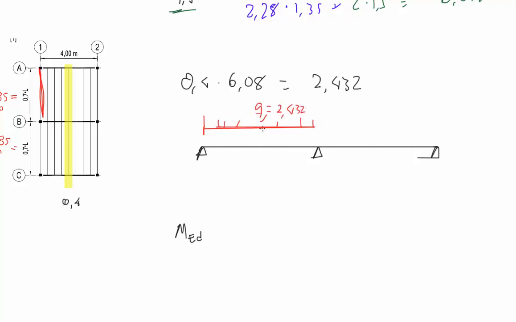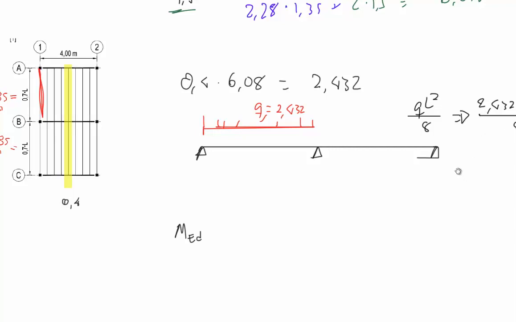2.432. So let's see, I know this, but let's double check so I don't make a mistake. QL² divided by 8. Right, QL squared divided by 8 will give us 2.432 times 3.85 divided by 2 and cubed divided by 8.